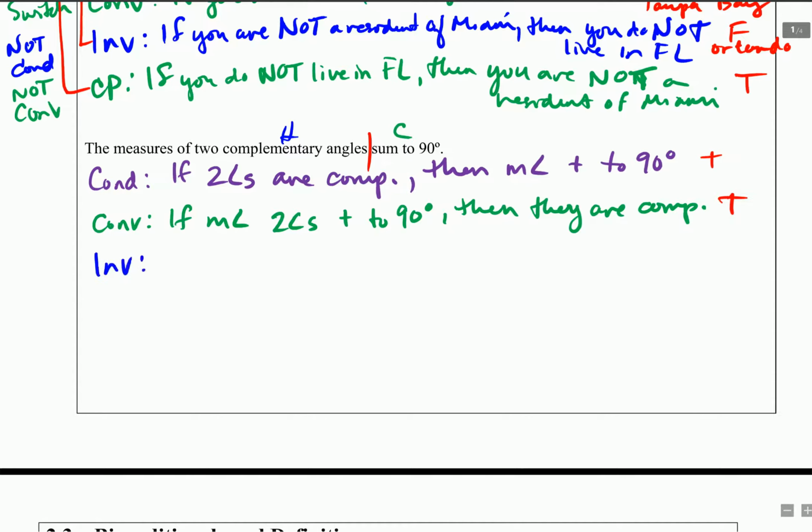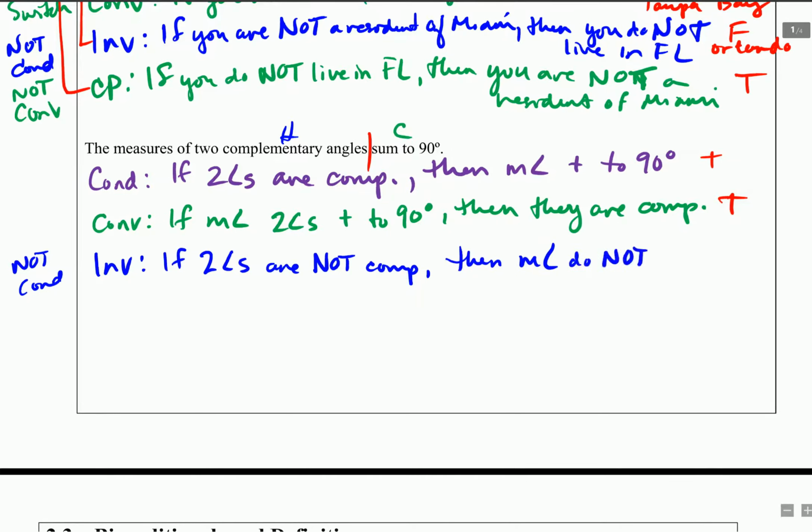Inverse, remember when we negate our conditional. So if two angles are not complementary, then the measures do not add to 90 degrees.